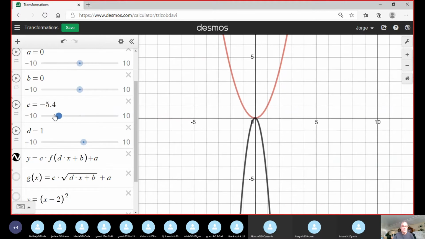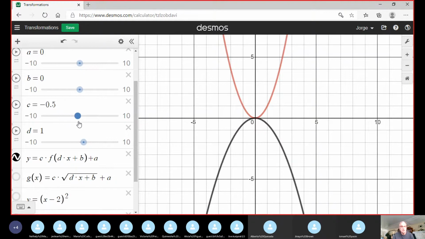So we have two situations. We have reflection, but you have also a vertical stretch. Well, suppose this case is negative 0.5 or negative 0.4. In this case, we have reflection because it's opposite sign, and we have compress.